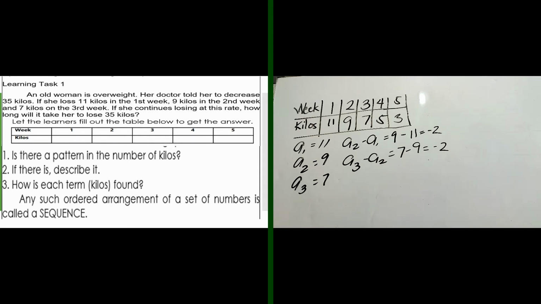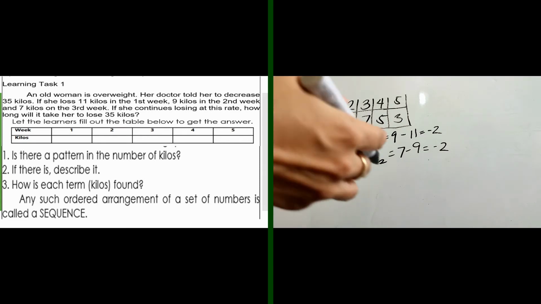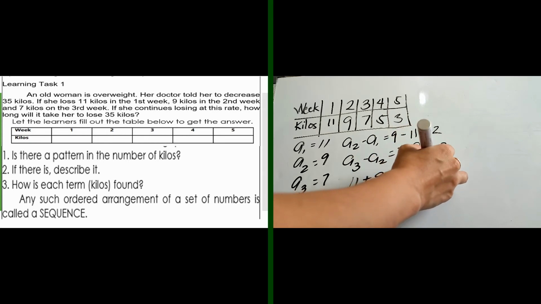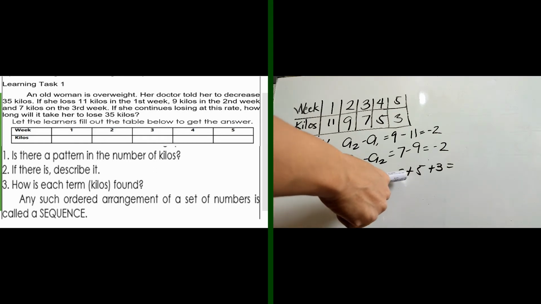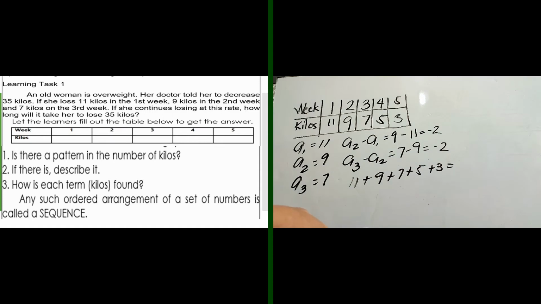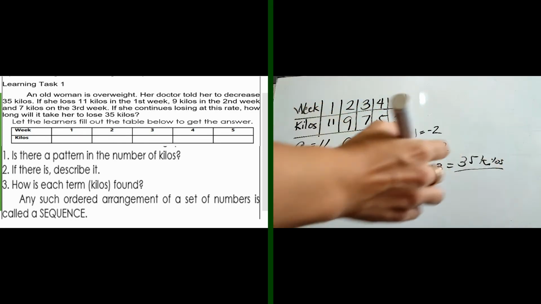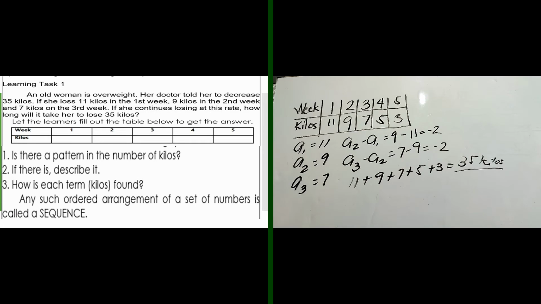We're going to add 11 plus 9 plus 7 plus 5 plus 3. 11 plus 9 is 20, and then we have 7 and 3, which is 10. 20 plus 10 is equal to 30, plus 5, and that will give you 35 kilos. So meaning to say, within 5 weeks, she will lose 35 kilos, which is prescribed by her doctor.